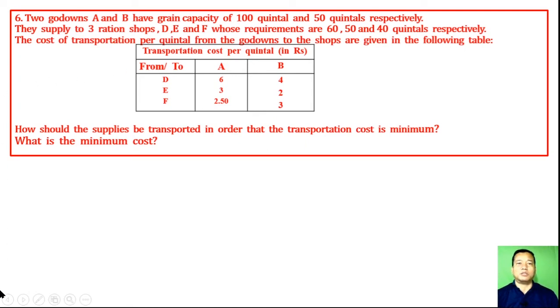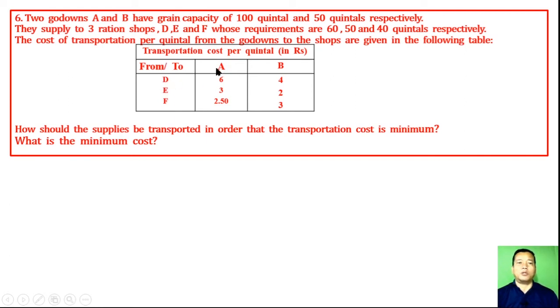The cost of transportation per quintal from the godowns to the shops is given in the following table, in rupees.